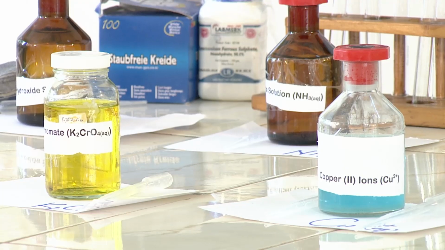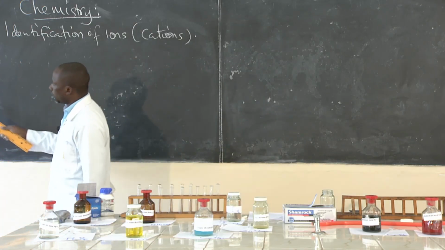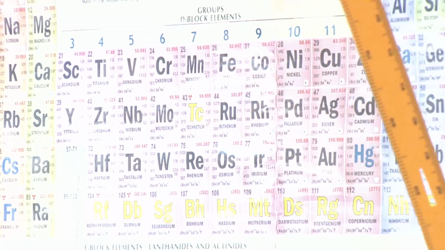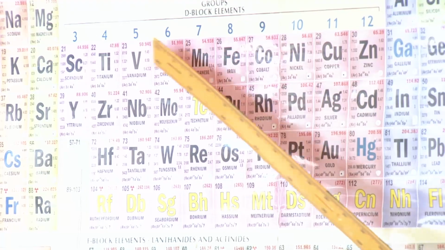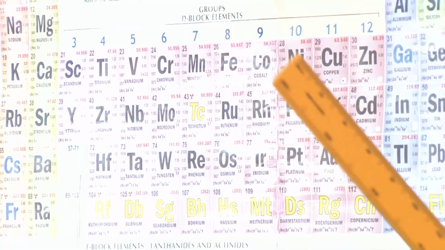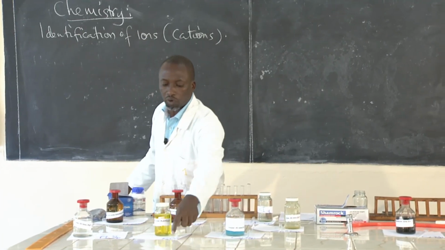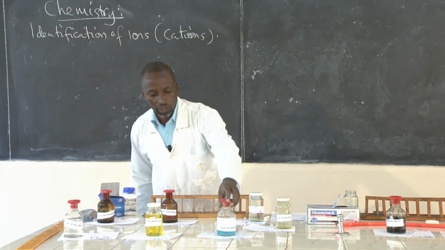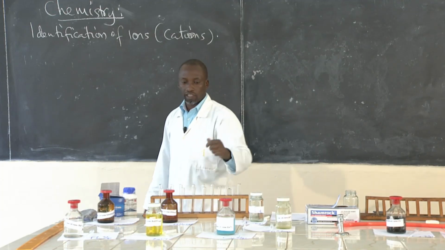If you remember what we mentioned in the previous lesson, the transition elements form colored compounds. This one contains chromium, which is a transition element, and this one contains copper, which is also a transition element. So that is why they look colored.